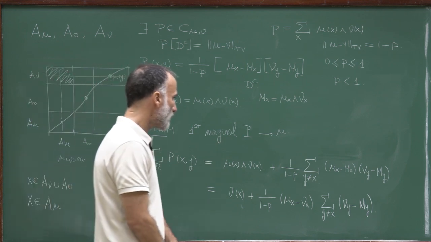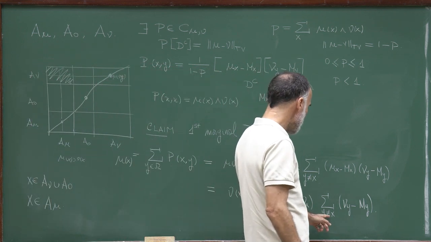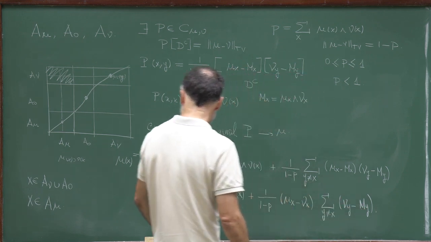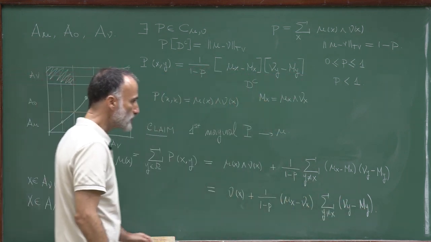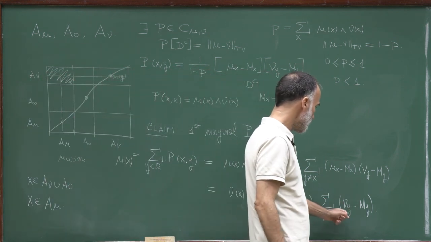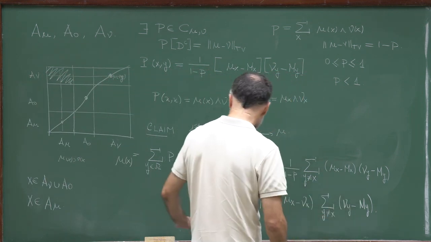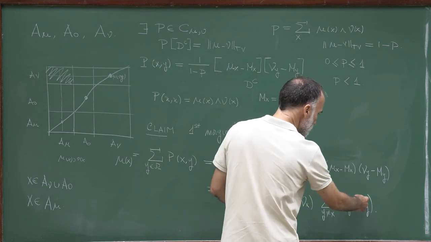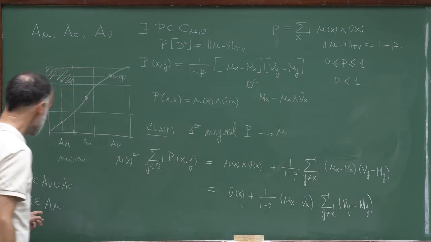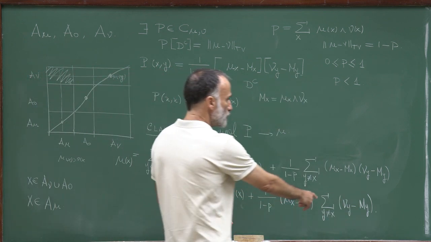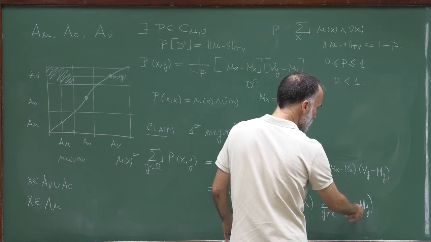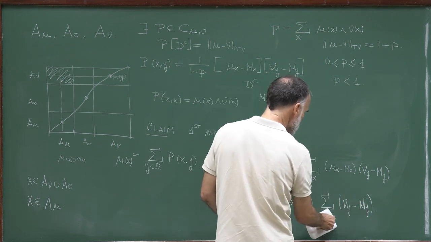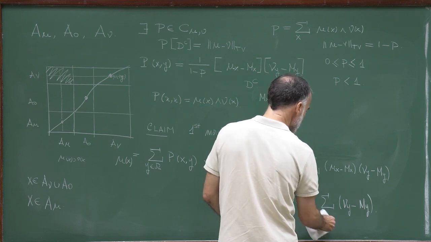So if I add y equal to x, since x belongs to A_mu, the minimum is nu(x), and therefore m(x) is equal to nu(x), and this quantity here is 0. So I can add the term y equal to x to this sum, so actually this is a sum for all y's.